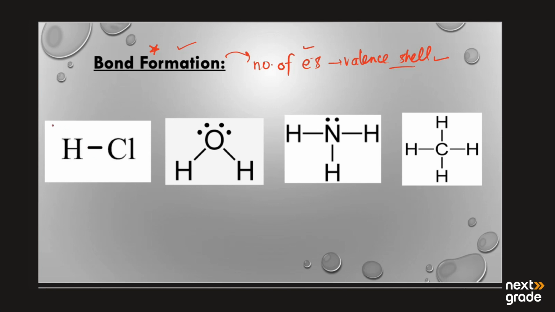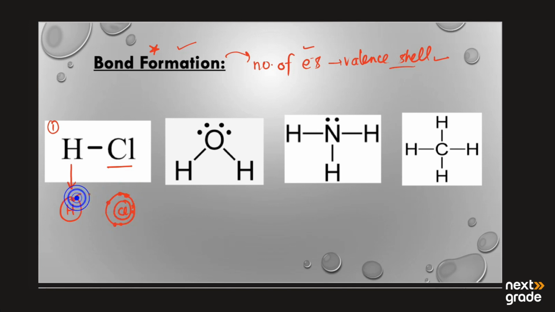For example, number 1, HCl. If we look at hydrogen, it has only one electron in its valence shell. On the other hand, chlorine has a total of 7 electrons in its valence shell.